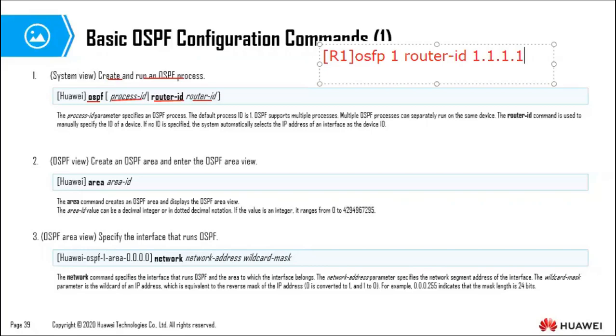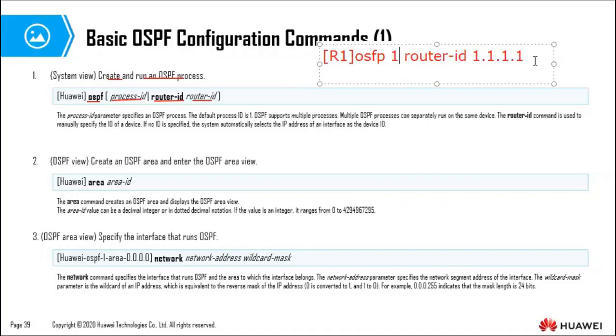Are we together? Otherwise, you can also omit the process ID there. If you do that, it simply goes to OSPF 1, which is the default process ID. So that's how you configure that.